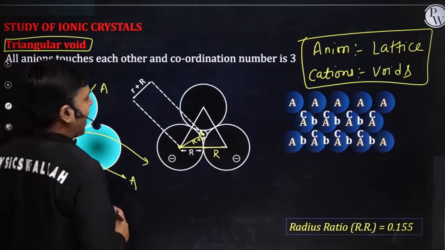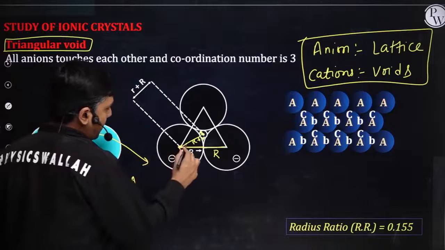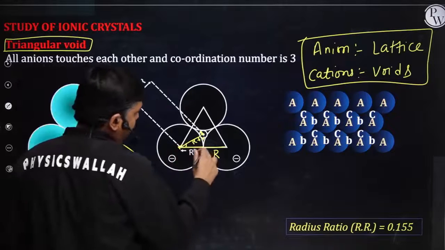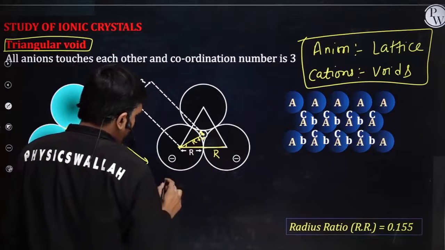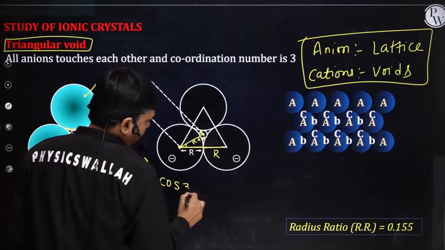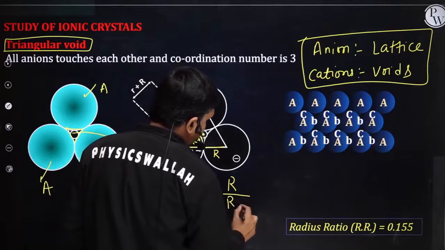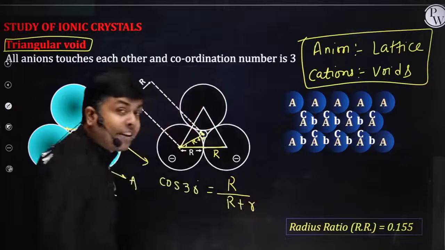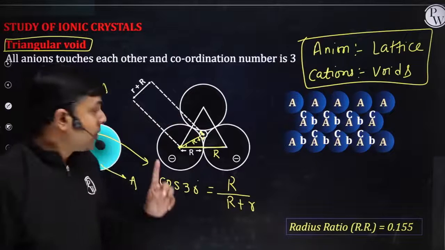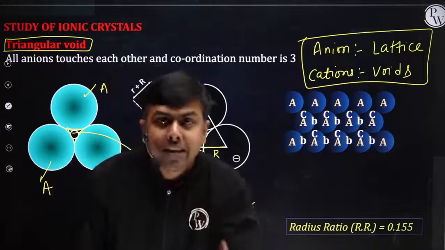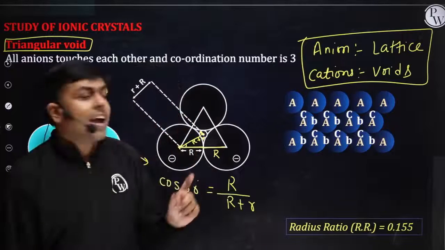Now students, I can use a trigonometric formula. This angle is 30 degrees. So cos 30 equals base upon hypotenuse, that is R upon R plus r. This small r is the radius of the cation placed in this triangular void, so that it has coordination number 3 and touches 3 anions.